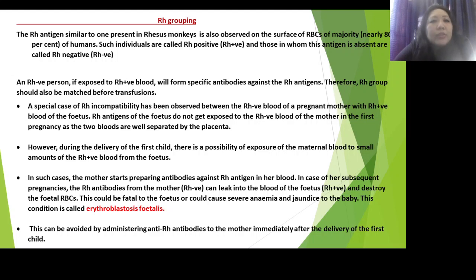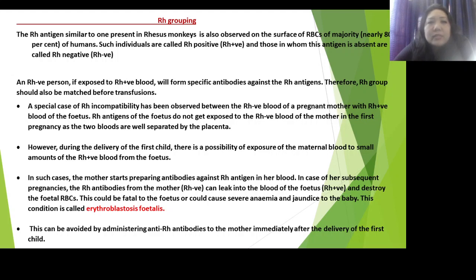However, during the delivery of the first child, there is a possibility of exposure of maternal blood to small amounts of Rh positive blood from the fetus. In such cases, the mother starts preparing antibodies against Rh antigen in her blood.